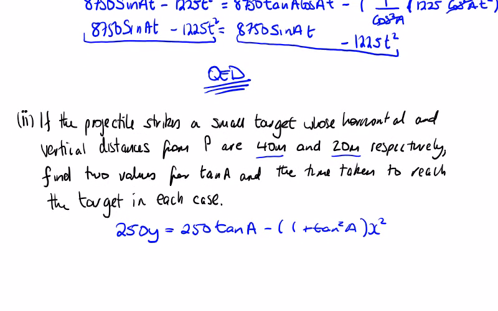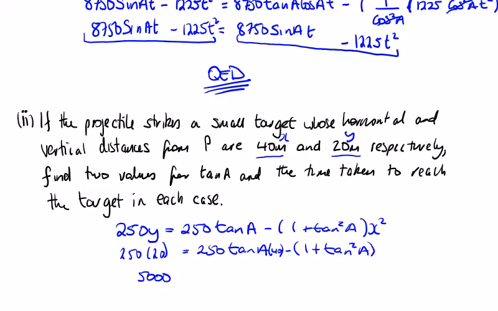We have my 20 and my 40, so y is first and then x, so 250 by 20 is 5,000. That's equal to 250 tan A, so we form a quadratic here, minus 1 plus tan squared A, oh, I'm missing an x there, and I forgot to put my 40 in here, 250 tan A times x minus 1 plus tan squared A by x squared.